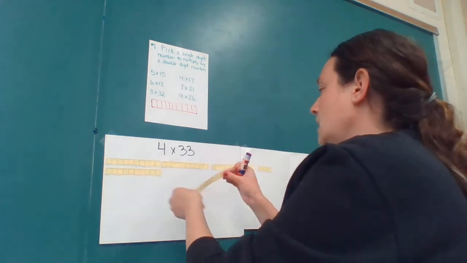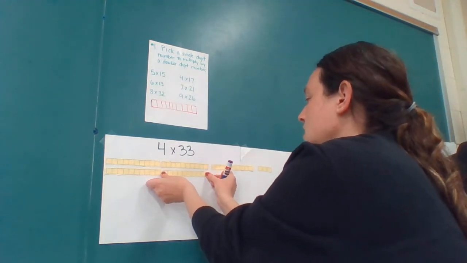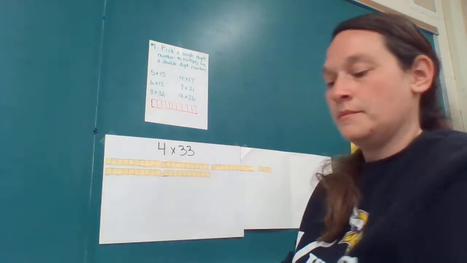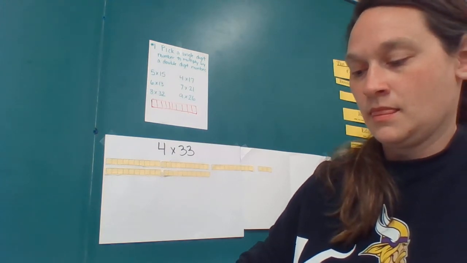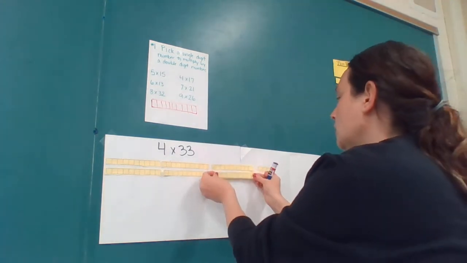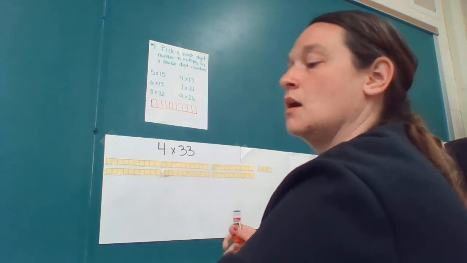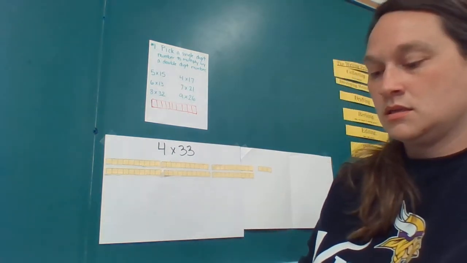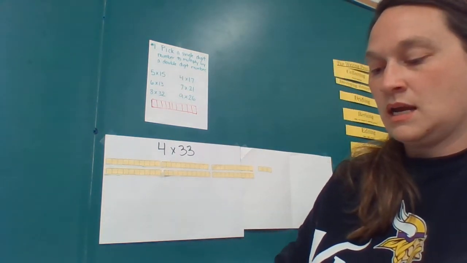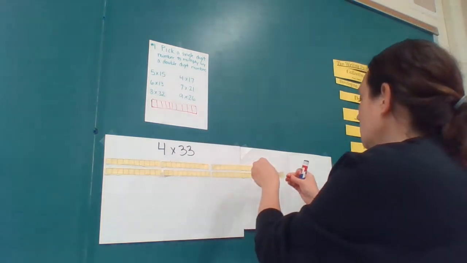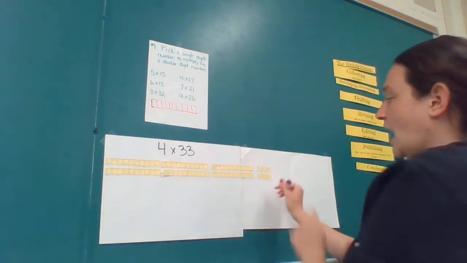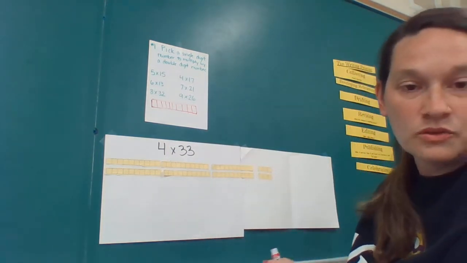Here's another 10 for 20 underneath that. 30. And then 1s. Mine has 3 1s underneath here. I didn't cut them individually, but we know that those are 3 here.